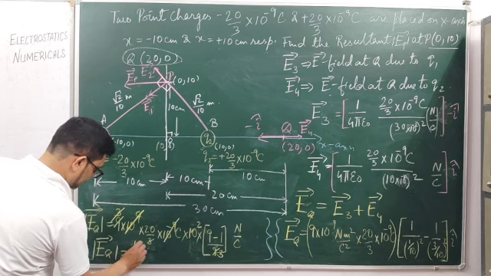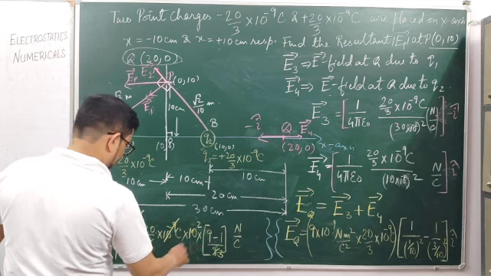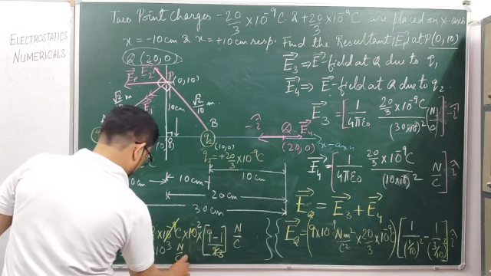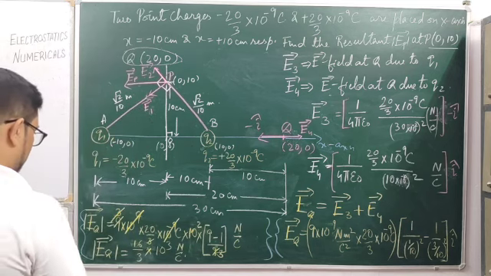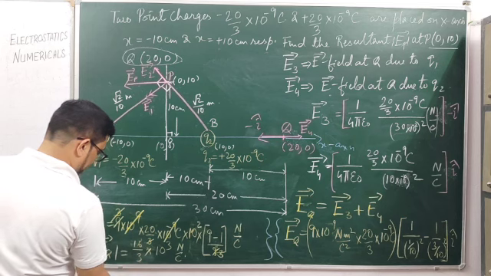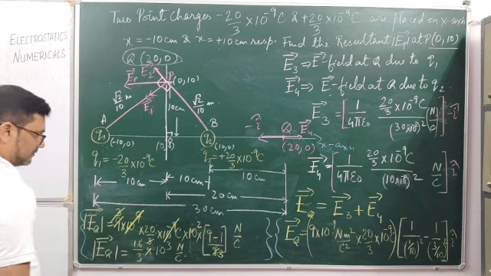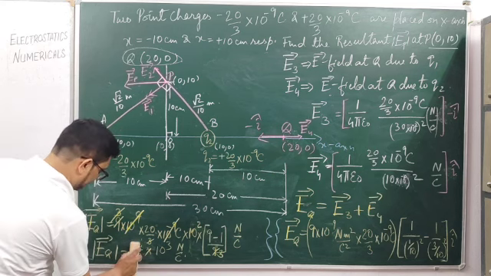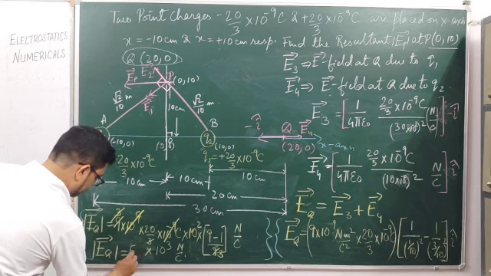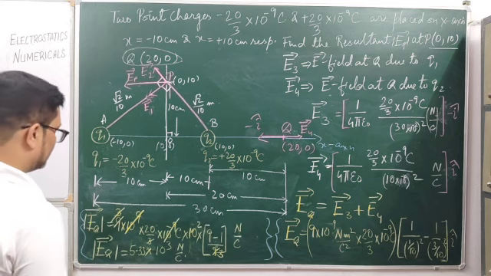So 16 over 3 into, now here it is 10 and here it is 3, so 10 raised to the power 3, and Newton per Coulomb. If you evaluate this, 5 3s are 15, 1 3 3 for 5.33. So numerically, 16 over 3 comes out to be 5.33 times 10 raised to the power 3 Newton per Coulomb.